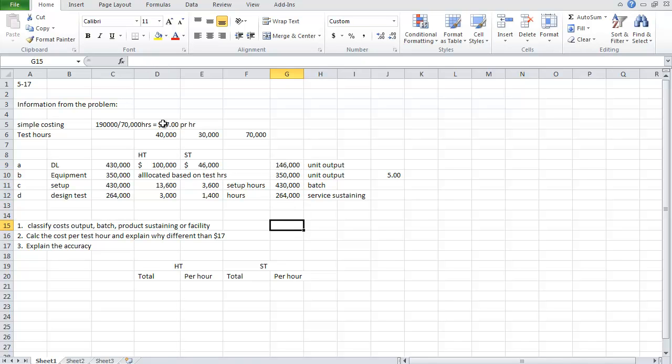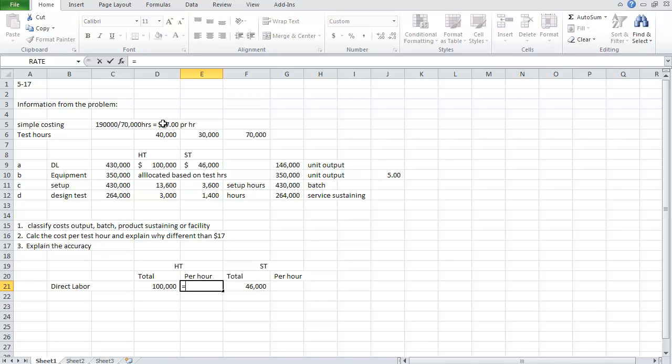So I've set this problem up and started this process down here. Let's go and add direct labor. So here's what we're going to do. The author tells us that this is 100. And the author tells us that the stress test is 46.